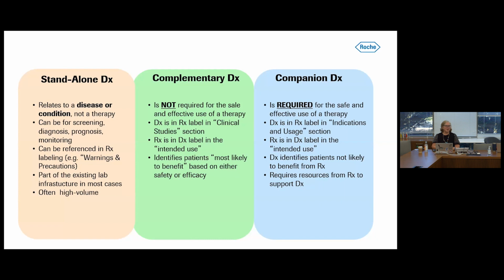I think in the Alzheimer's space, the amyloid test also falls into this bucket of standalone diagnostic, where there's a measurement of the amyloid in the patient to determine their amyloid tangles and potential for Alzheimer's disease. That is in the standalone diagnostic space. And I'll pause again for any questions.